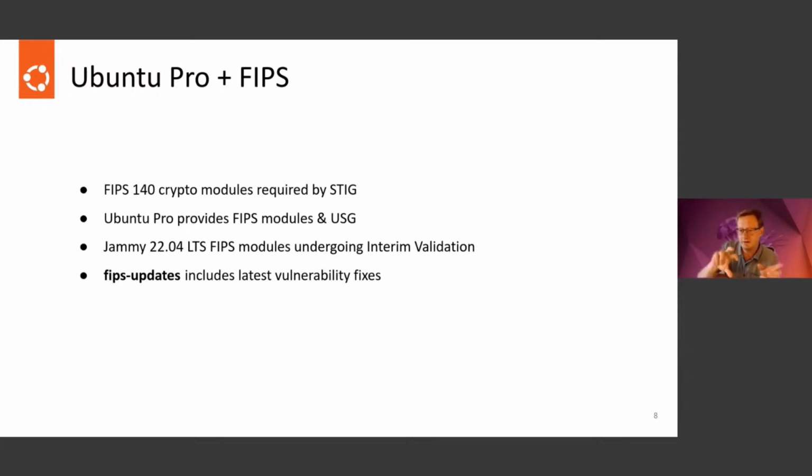But of course, that means that those modules have been subtly changed since they were submitted for validation. Now, obviously, we would encourage everybody to use secure modules and make sure that the vulnerabilities are patched. So we provide FIPS updates versions of the FIPS packages, as well as non-updated versions, which adhere strictly to the versions that have been submitted to NIST for validation. Obviously, we recommend everyone uses the updated versions because it's most important to make sure those vulnerabilities have been fixed.